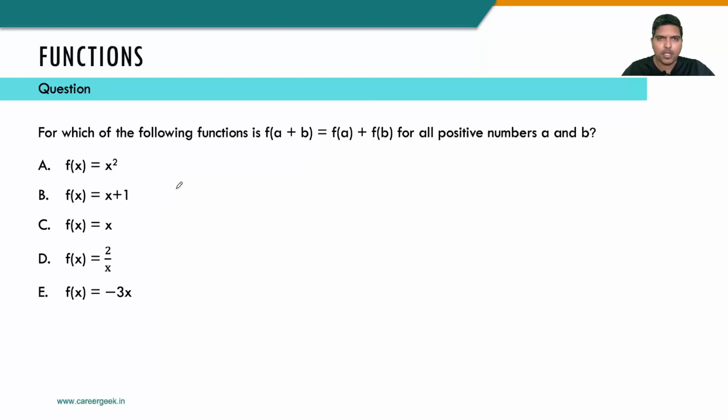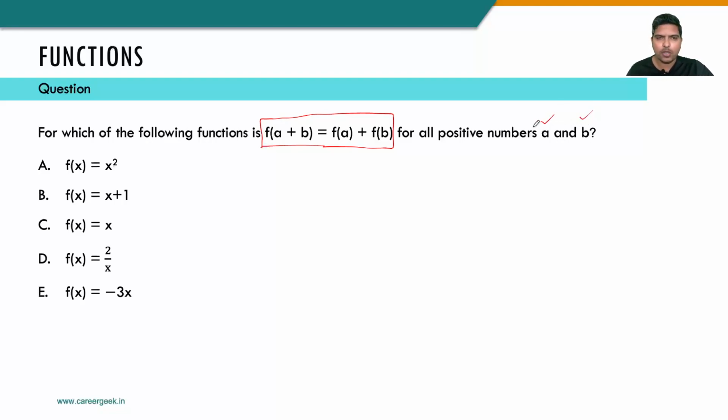Okay, one last question. This is a bit on the higher side from the perspective of test. For which of the following functions is f of a plus b equals f of a plus f of b, for all positive numbers a and b?